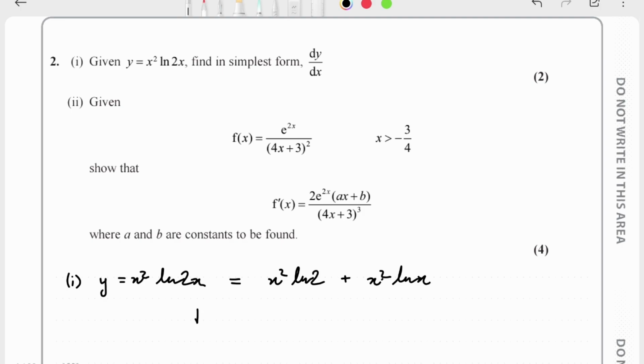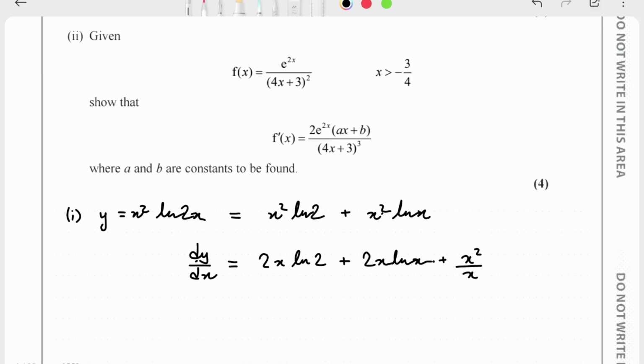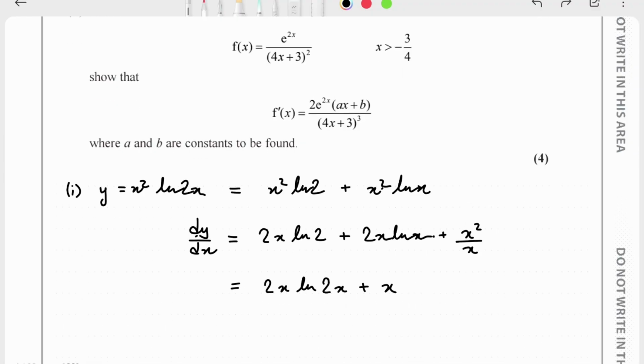If we differentiate it, dy by dx is 2x ln 2 plus 2x ln x plus x squared by x. So it's 2x ln 2x plus x. Yeah, that's it.